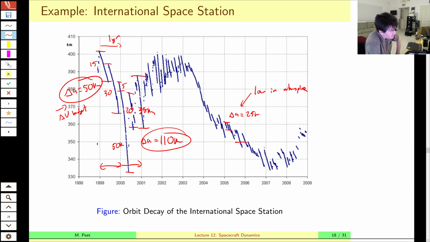And second, it tells you that that number isn't constant. They let the space station get really low this year. I don't know if they ran out of fuel or what, but clearly they did not plan properly, and then they had to spend a lot of delta V getting it back up. Whereas over here in a good year, you only decay by 25 kilometers. And why the difference?